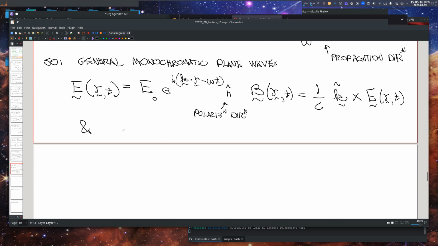And what you have is that there's a transversality condition that tells us that the propagation direction, so this is really the propagation direction, is transverse to the polarization. Okay, so this is the transversality condition.